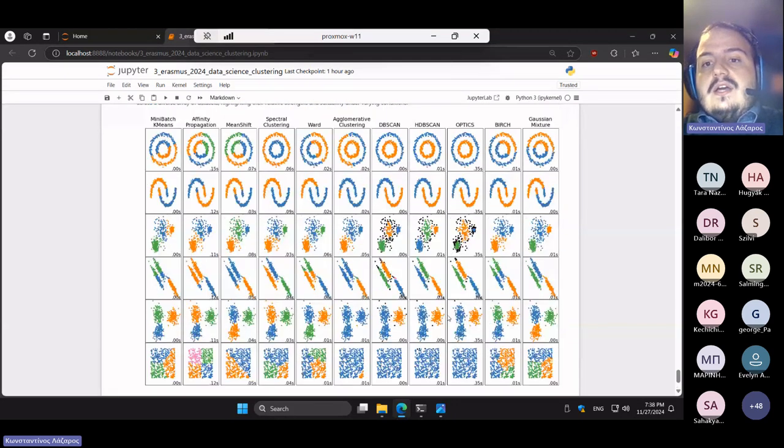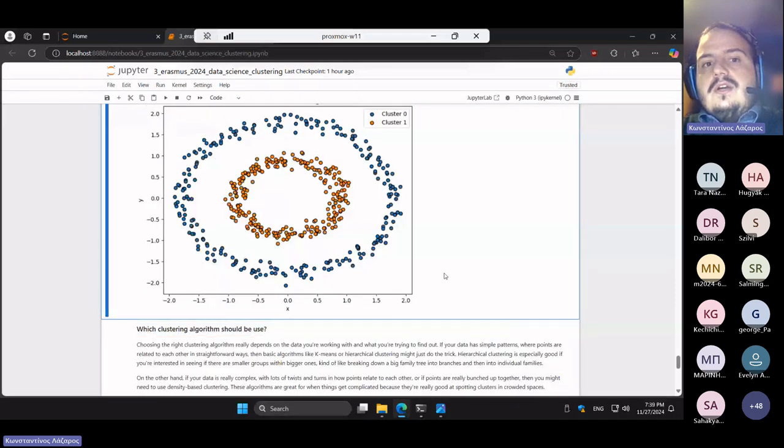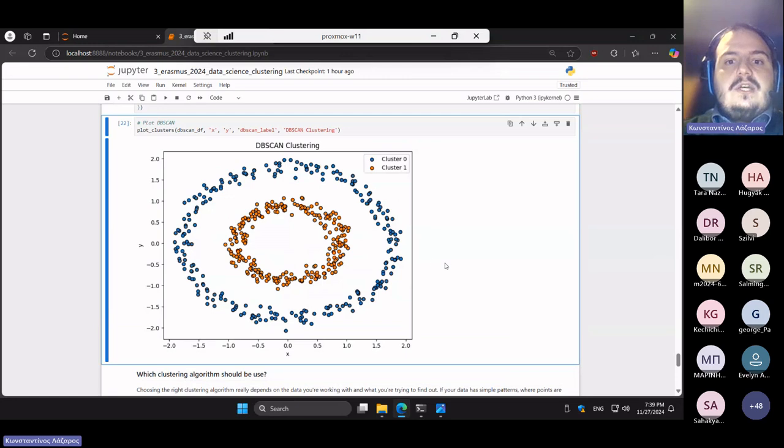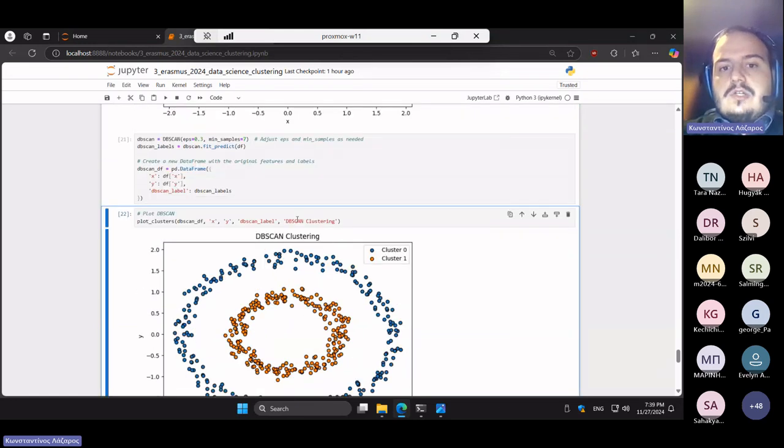And the reason why I'm showing you this is because being able to execute these kinds of algorithms and then visualizing results is fairly easy. As you can see, it's only a few lines of code, and it's become even easier nowadays if you use a large language model like ChatGPT or Claude or whatever.